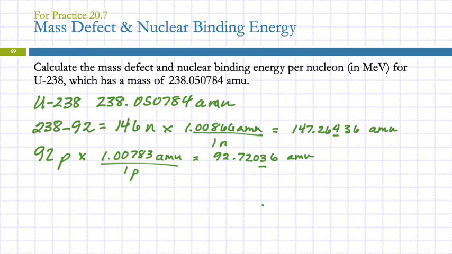And then when we add those together, we get 239.98472 atomic mass units, which should have 3 decimal places. So this is the expected mass, and that's what we're going to subtract this from.